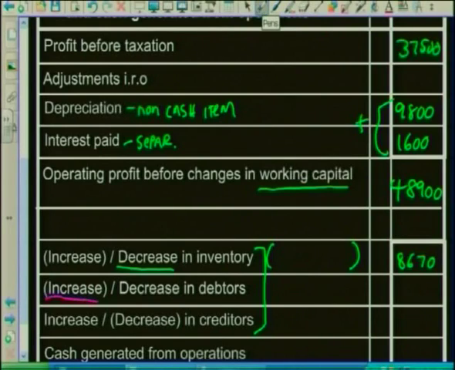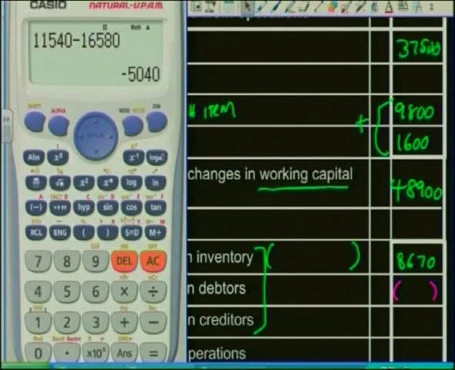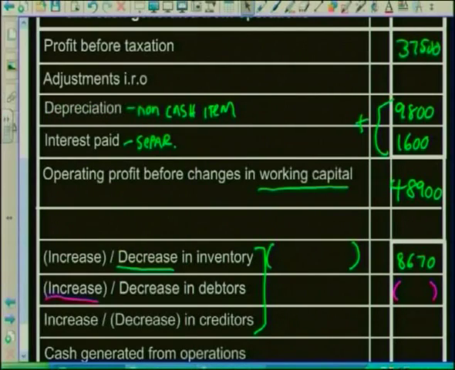Increase must be shown in brackets, and that amount was 5,040 rand. Okay, right, easy marks. Again, guys, you need to show me your calculations in brackets. You need to show your examiners, your markers, that you know exactly how to calculate that 5,040.